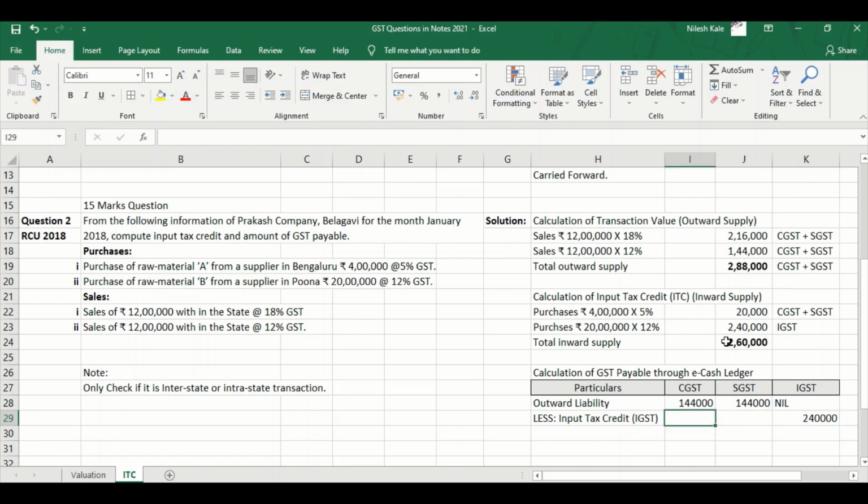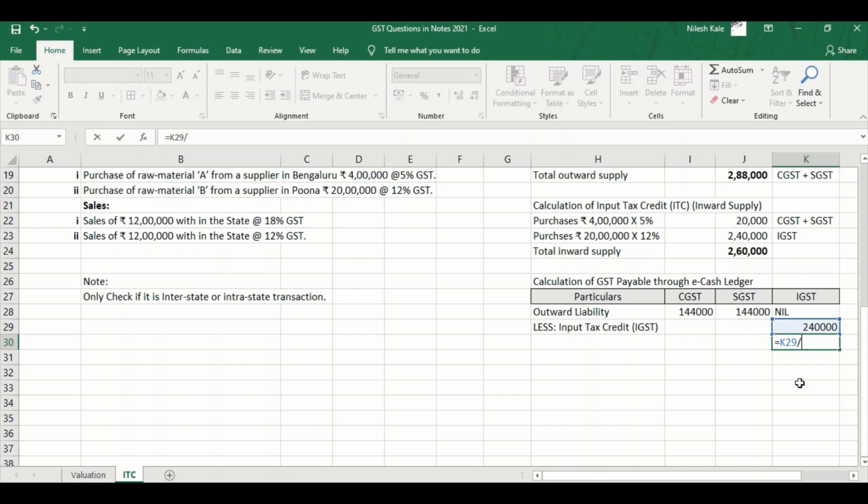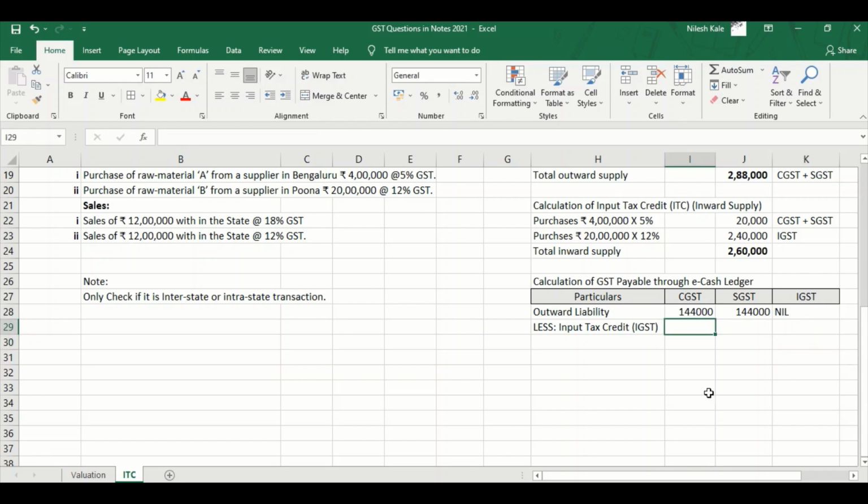But since everything is equally distributed over here, 2,40,000 will be distributed equally between CGST and SGST, right? So what is half of 2,40,000? 2,40,000 divided by 2 is 1,20,000, right? Here 1,20,000, and here 1,20,000.